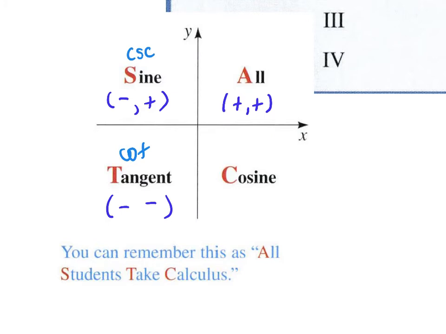Because think, x over y, if you divide a negative by a negative, you get a what? Positive, okay? And then over here in the fourth quadrant, what are my signs? Positive, negative. The only thing that's positive is cosine and its reciprocal, which is secant. So the way that you can remember this, like please excuse my dear Aunt Sally, is all students take calculus.